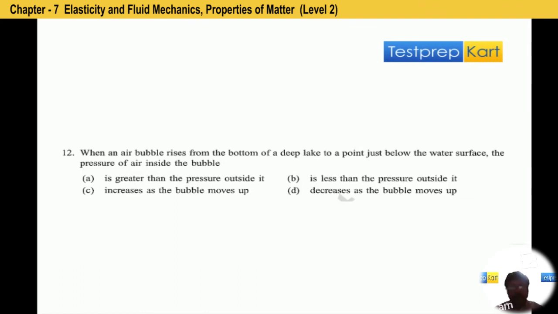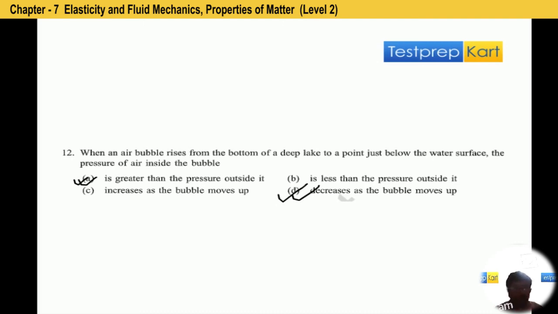The last question of this chapter: when an air bubble rises from the bottom of a deep lake to a point just below the water surface, the pressure of air inside the bubble is greater than the pressure outside, and decreases as the bubble moves up.